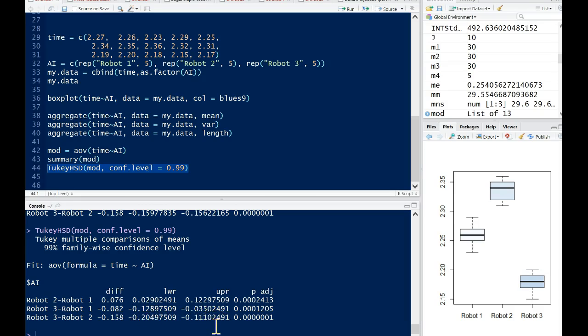And so what that means is robot 3 is 0.204 minutes to 0.11 minutes faster than robot 2 when doing the tasks on average. So this is the way we can then see which means actually differ, and we can protect ourselves from making a type 1 error based upon just doing multiple procedures.